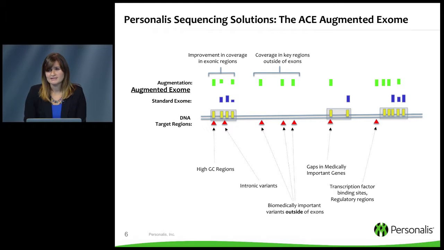And these are combined in an effort to maximize the genomic content and provide more uniformity in coverage, which increases confidence in calling variants in these regions. Not only do we target exonic content, but we've also augmented coverage of biomedically important regions outside of the exon, such as regulatory regions, intergenic and intronic areas, as well as difficult-to-sequence regions of the genome, such as GC-rich areas.